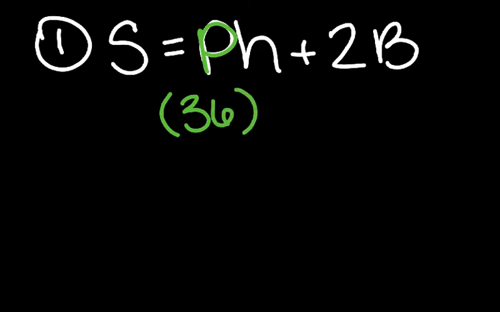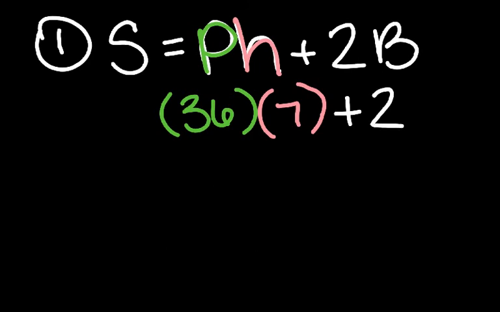Then the H stands for the height of the whole prism, which for number 1, that would be 7. And then, of course, don't forget the area of the base, which for this problem was 72.